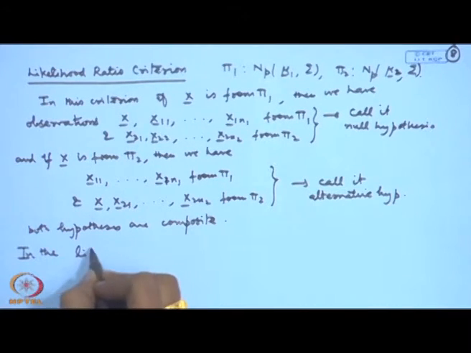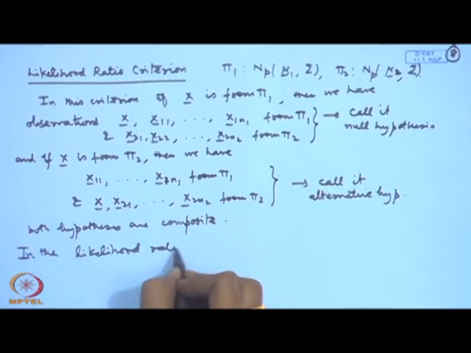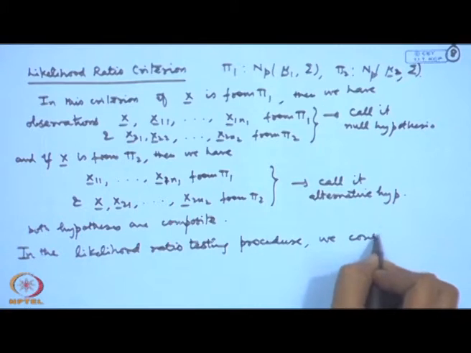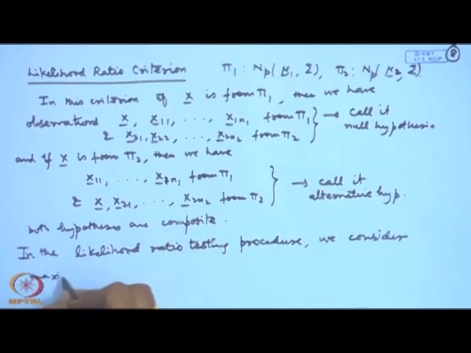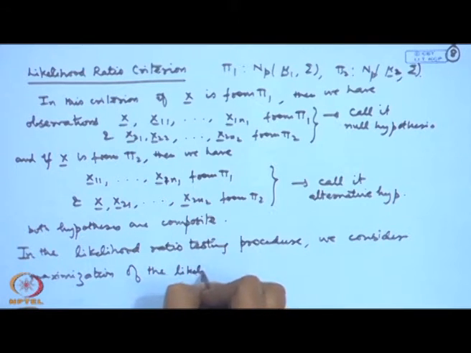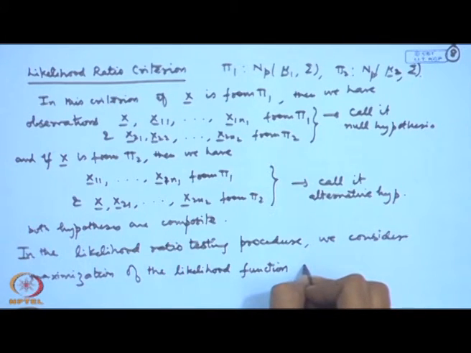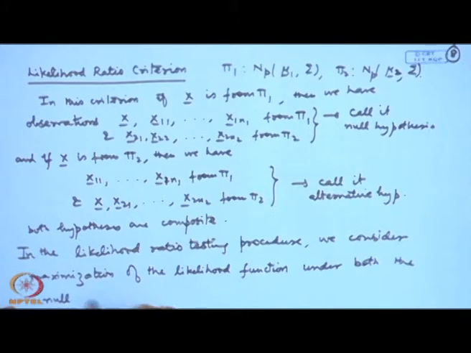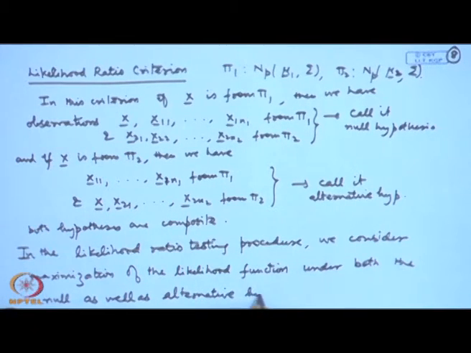So, let us consider this maximum likelihood estimation here. Basically, in the likelihood ratio testing procedure, we consider maximization of the likelihood function under both the null as well as the alternative hypothesis.